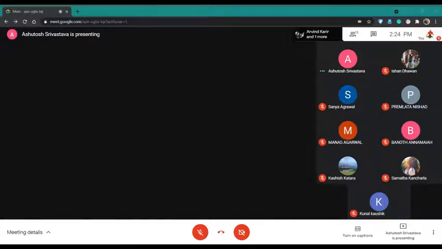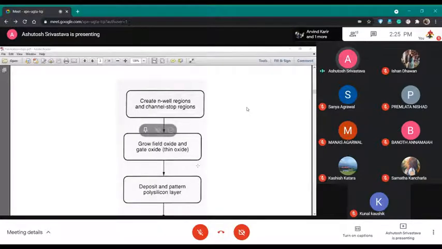So let's just talk about the various steps for a single MOSFET transistor. In that, you create an N-well region and channel stop region. So what is an N-well region? If you have a silicon substrate which is intrinsic in nature, what does intrinsic basically mean?